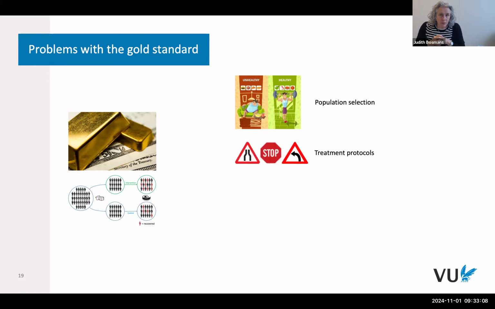The second problem with randomized controlled trials is that generally the treatment protocols are very strictly prescribed. So it's very clear, if this happens, you have to do this. The patient gets this dosage of the new drug this many times per day. Whereas in actual clinical practice, it's a bit more loose, right? You see the patient, you consider what's good for that patient.